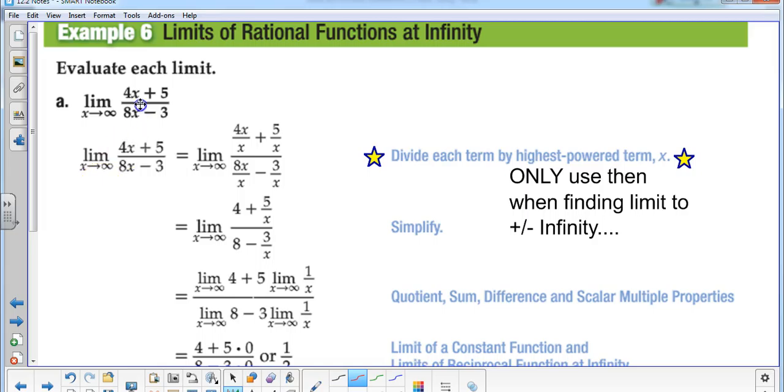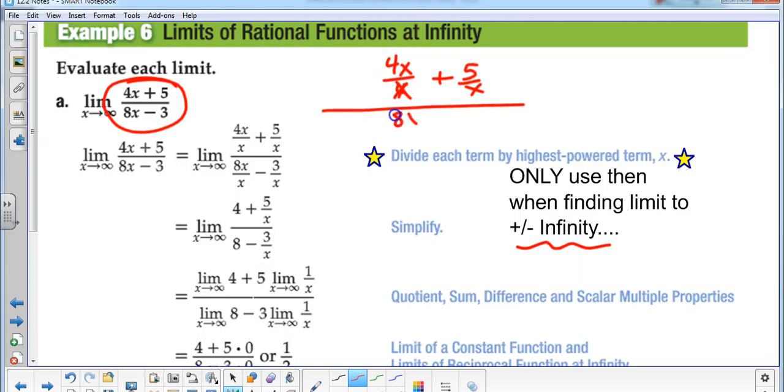So when and only when you have a limit that's approaching infinity, we're going to use this little trick where we divide by the highest power. This is a rational function, and I want to know what it's doing out at the end. The highest power of x here is x, so I'm going to take each term, 4x over x, plus 5 over x, divided by 8x over x minus 3 over x.